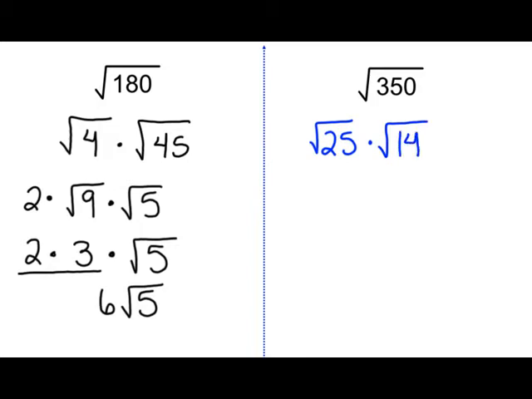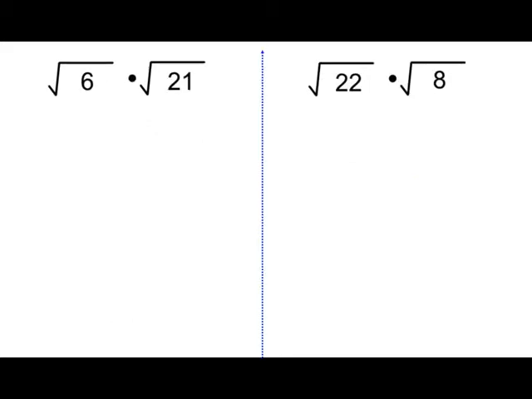Now the square root of 25 is just 5. 14 is 2 times 7, and neither of those is a perfect square. The only other way we could get it is 1 times 14, so it can't be broken down anymore. So it's just 5 square roots of 14.